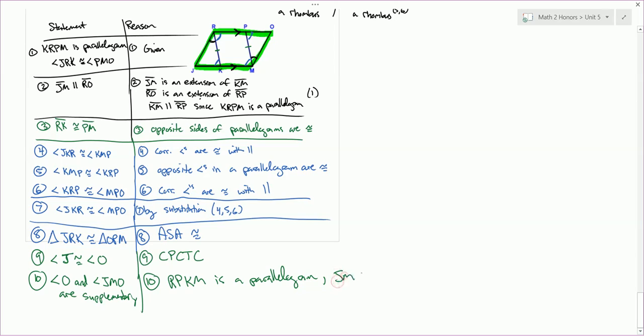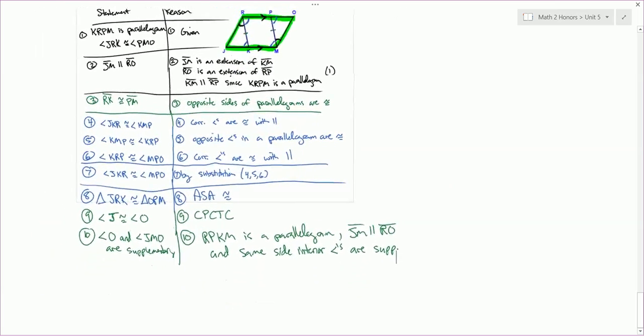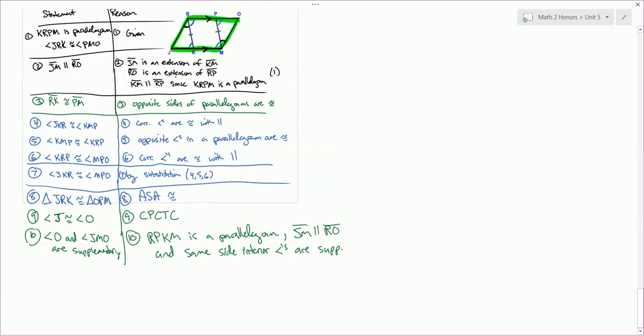So JM is parallel to RO, and same side interior angles are supplementary. And then finish this off just about.